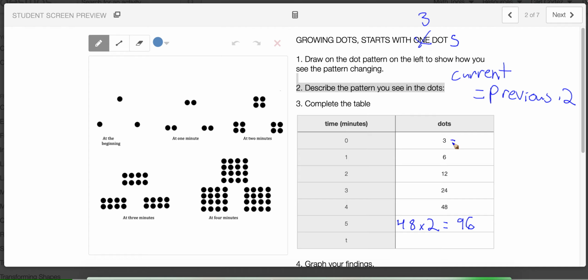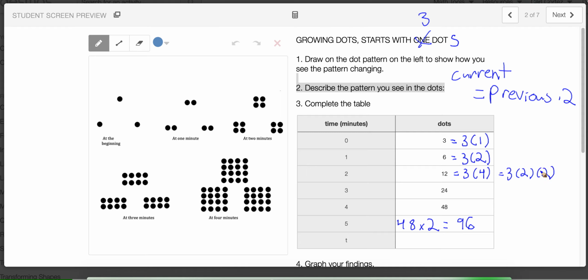So here we just started with 3 versions of 1 dot. Here we took still 3 versions, but then we have 3 versions of 2 dots. Here we had 3 versions of 4 dots, or you could rewrite this as 3 times 2 times 2, also known as what?